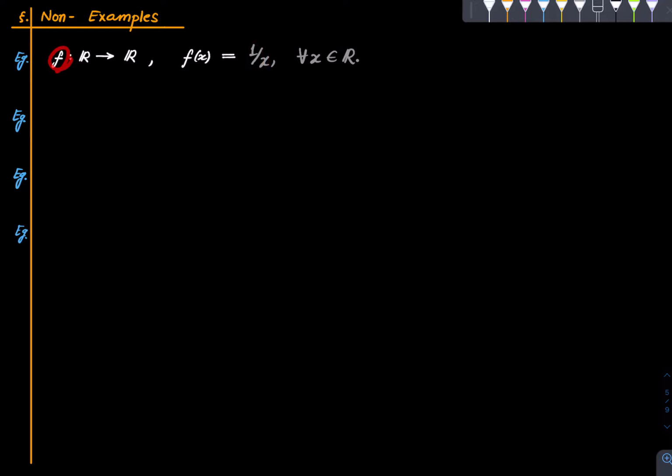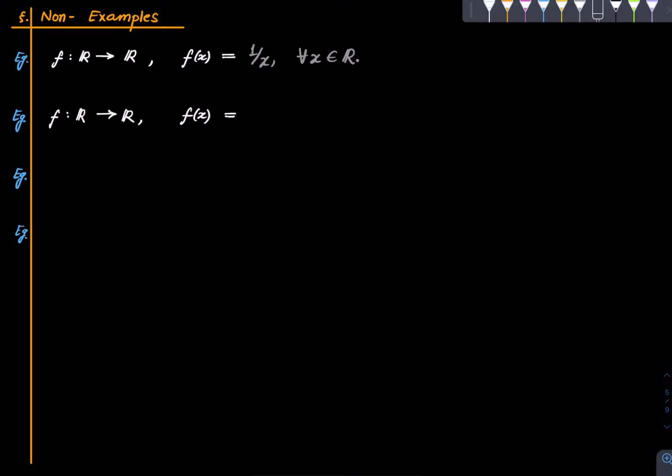So this is not a function. It is not respecting a certain input, namely the input 0. It is not outputting something in B when you feed it the input 0, and therefore this does not count as a function. Okay.